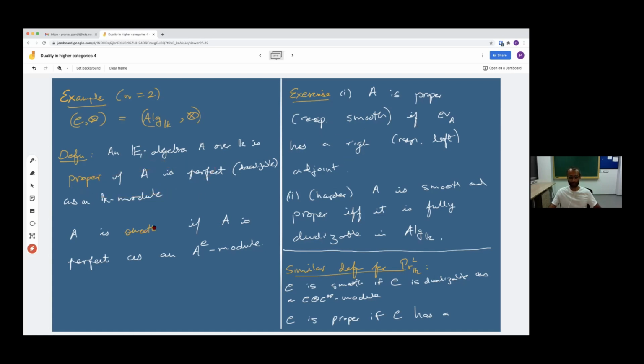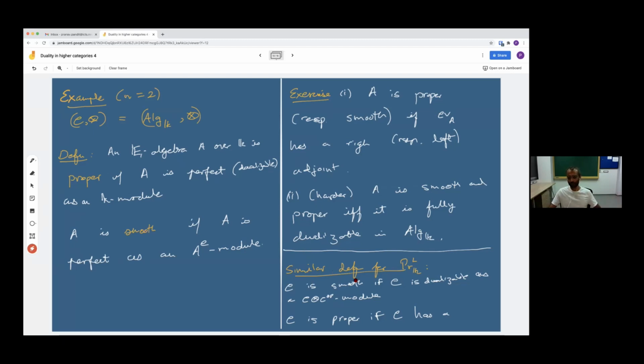Evaluation having the other adjoint says that it's smooth. That's easy to check. Slightly harder is to check that A being smooth and proper, in other words, evaluation having left and right adjoints, is equivalent to A being fully dualizable as an object in this infinity 2 category. So A was already dualizable in the underlying infinity 1 category, but being fully dualizable means that all evaluation and coevaluation maps have adjoints, and those adjoints have adjoints, and so on.